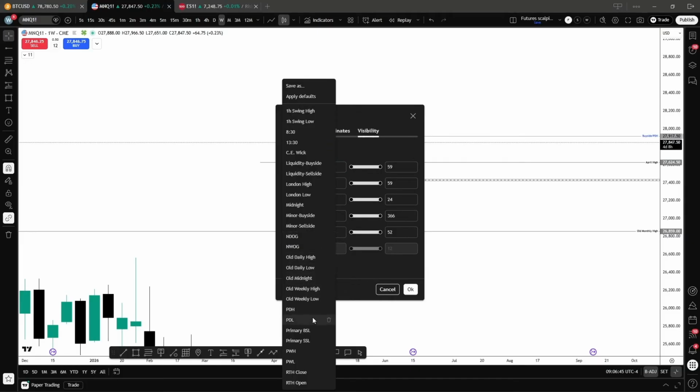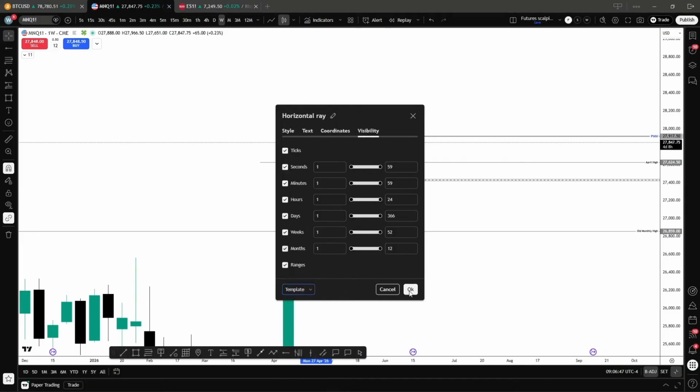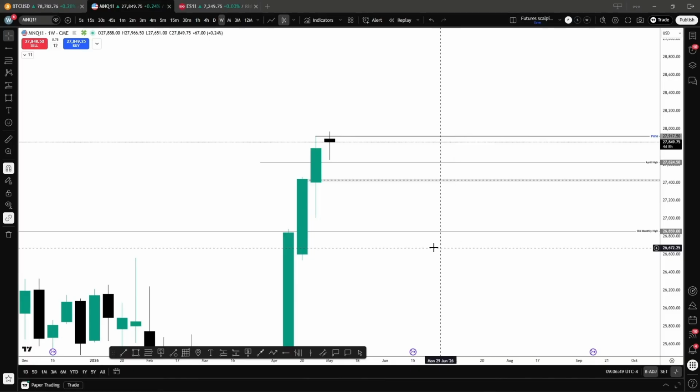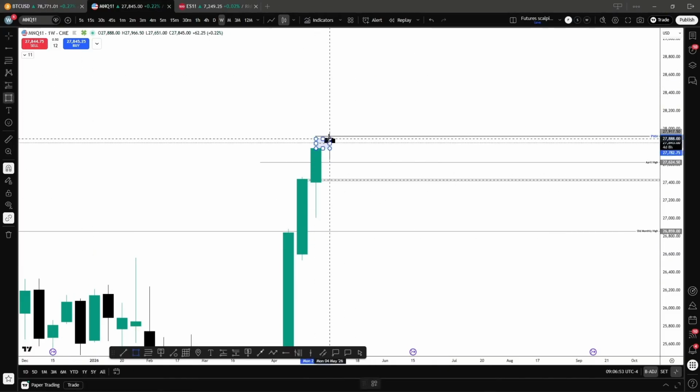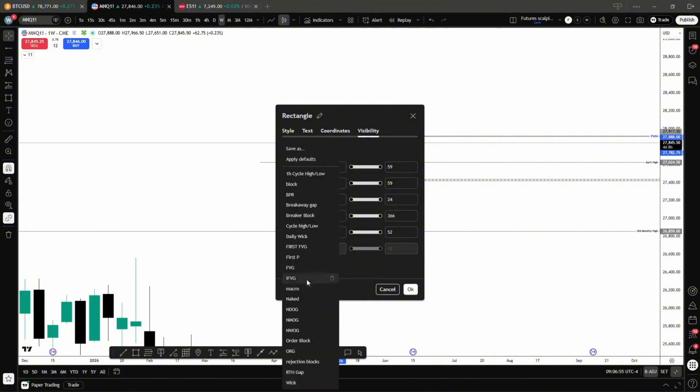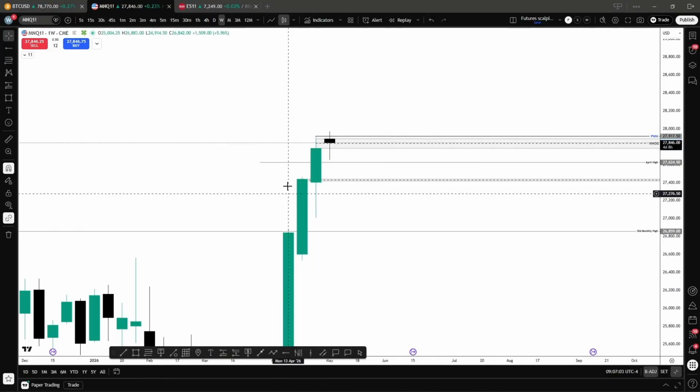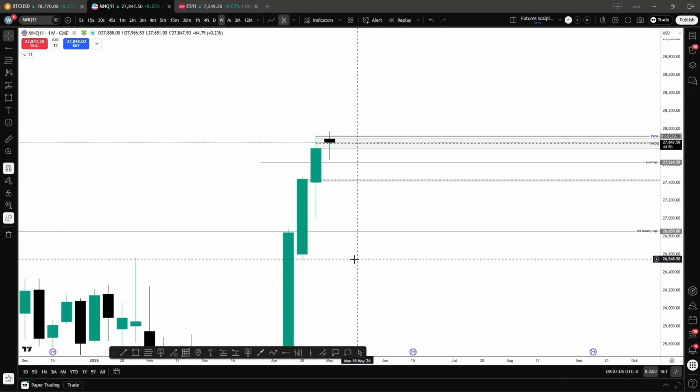High. Okay, I'm only going to mark up the prior week's low, but I am interested in the gap for the week. The one down there.